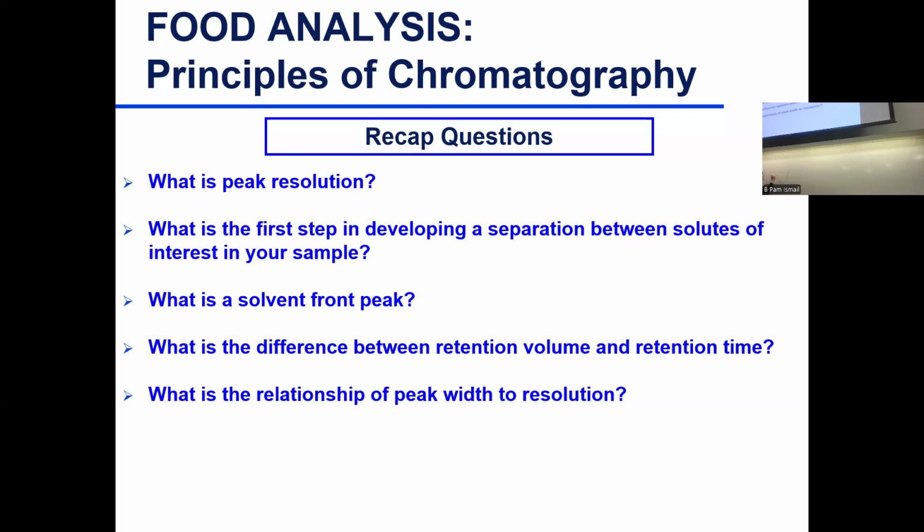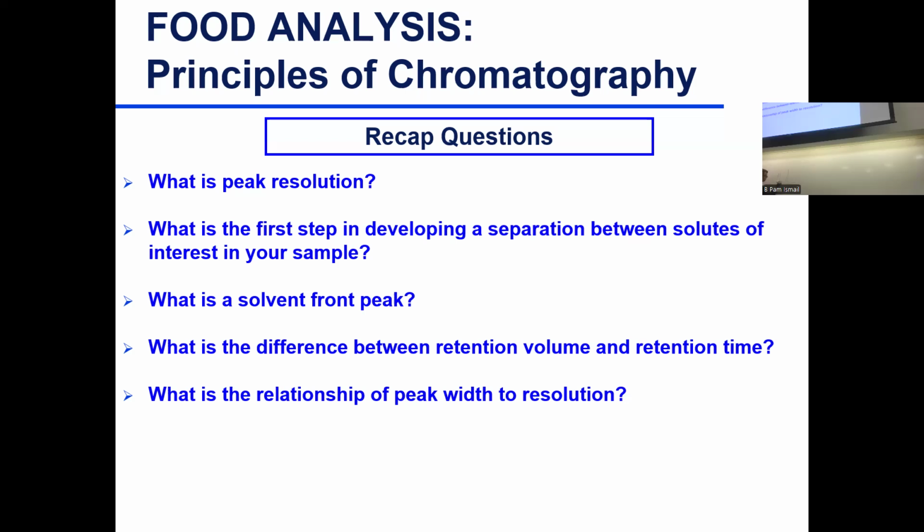So here we measure signal. The signal in HPLC was absorption, because we're measuring absorption. In GC, we were using a flame ionization detector, so it was the change in the signal due to ionization.